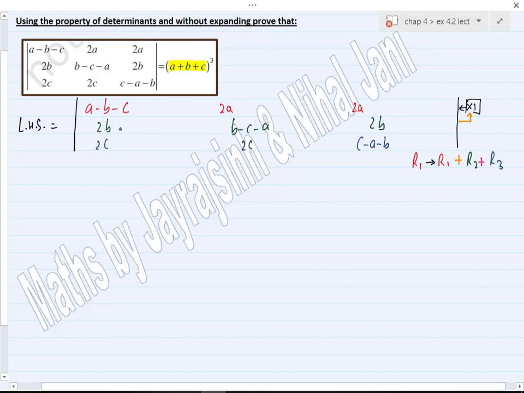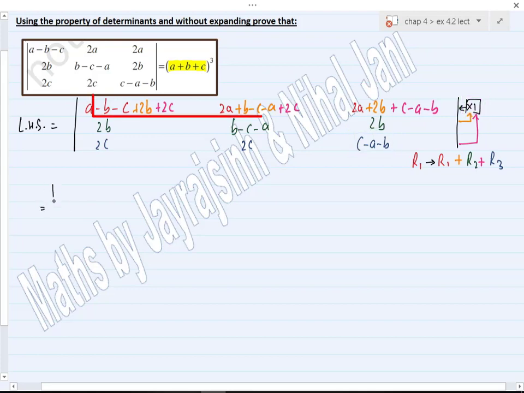So here we'll get 2b ones are 2b, b minus c minus a ones are b minus c minus a, ones are 2b. Similarly, multiply the third row with 1 and add into the first one. So we get 2c ones are 2c, again 2c ones are 2c, b minus a minus b.